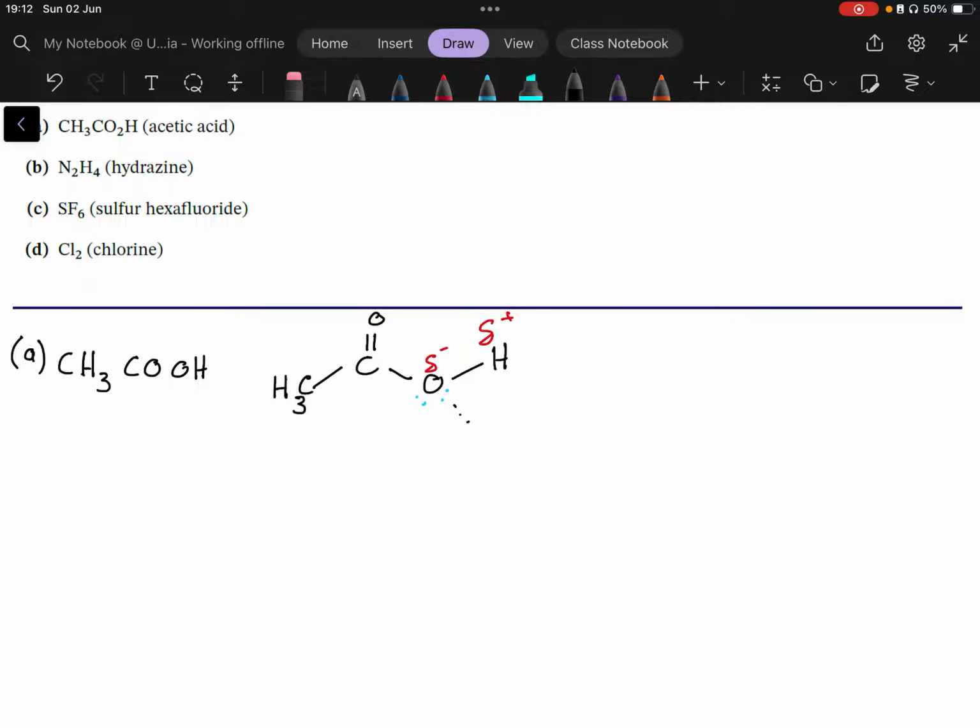So something will be able to orientate itself to have an H there and then form some sort of network with the rest of the molecules. You don't have to draw this, but the point is that other molecules will also orientate their polar OH bond so that these interactions can form.